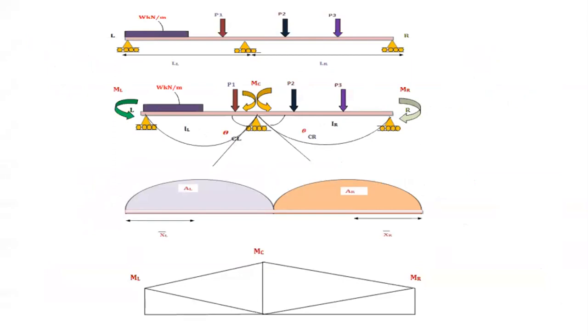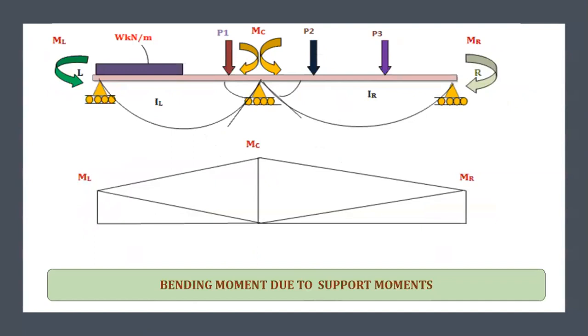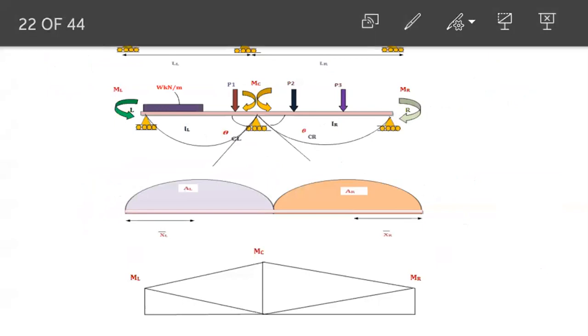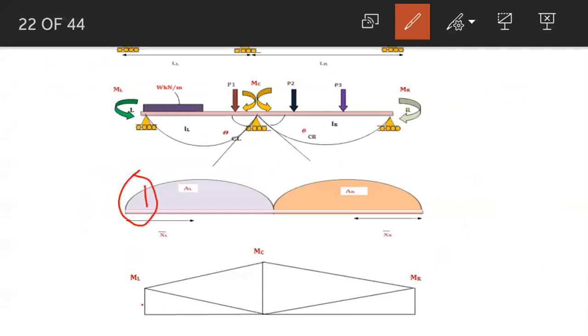Now all of you observe. If I want to write theta CL for the left portion, this is one area, this is second, this is third.